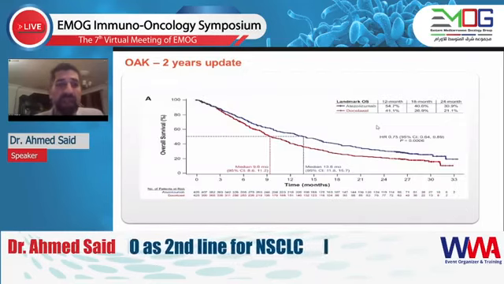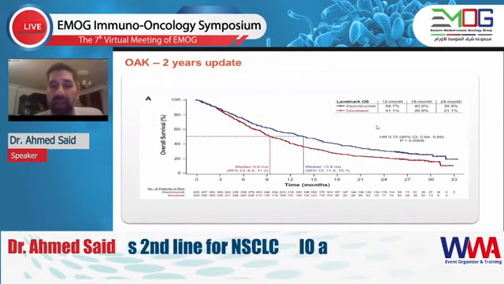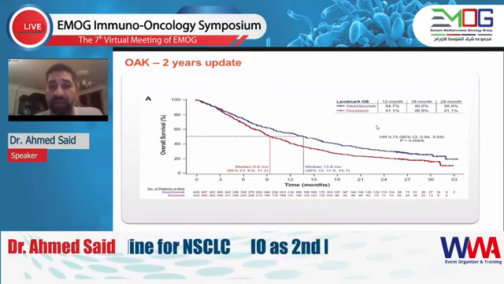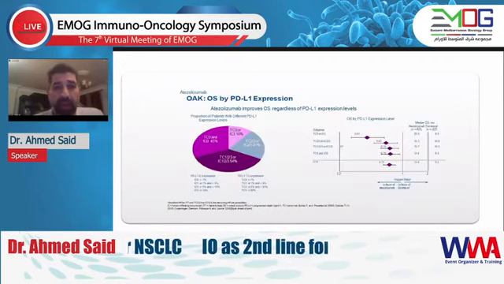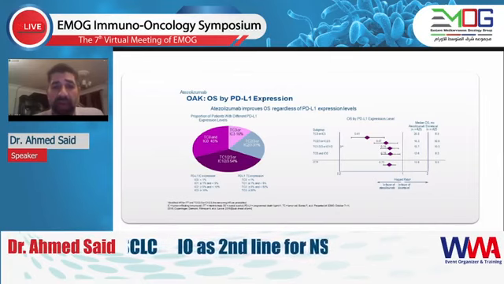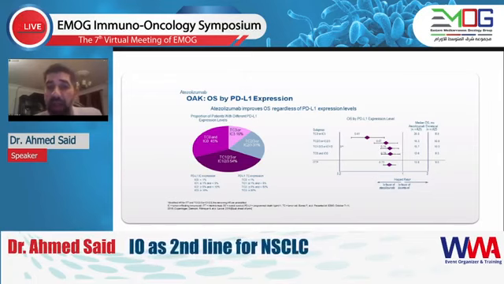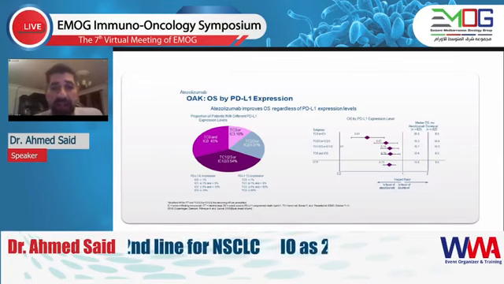As you can see here from the 2-year update, the significant overall survival improvement for atezo versus docetaxel is still maintained. And also for the different groupings of patients according to the PD-L1 status, all favor atezo rather than docetaxel.